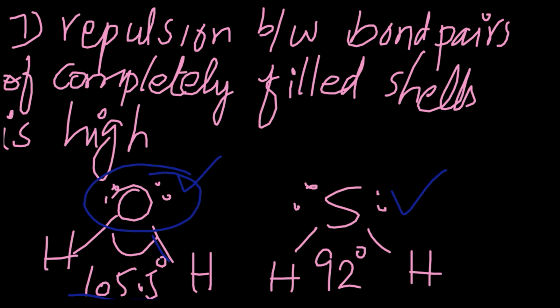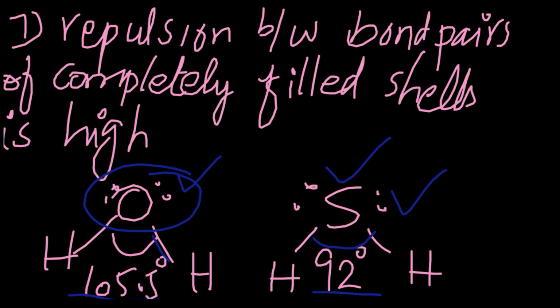On the other hand, in H2S, hydrogen sulfide gas, the valence shell of sulfur is not completely filled. Its d orbital is completely vacant. Its bond pairs will not repel so much. They are relatively closer to each other and their bond angle decreases to 92 degrees.